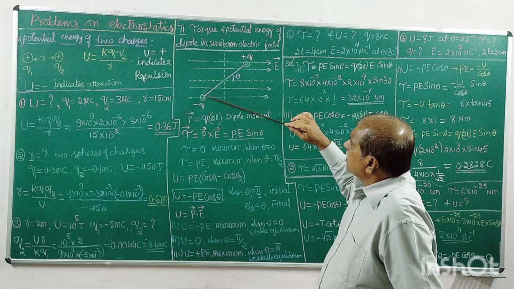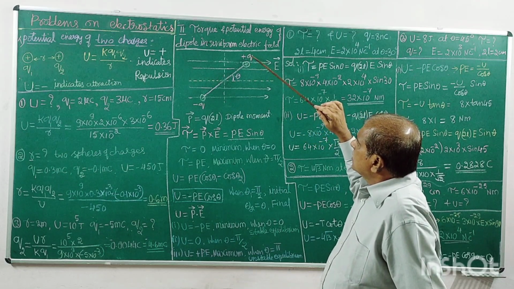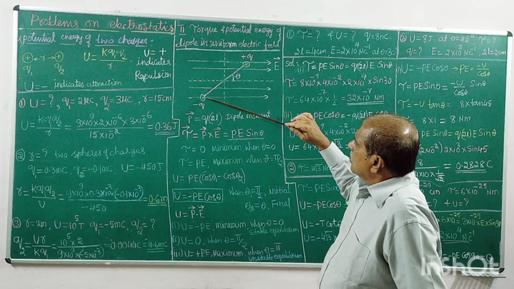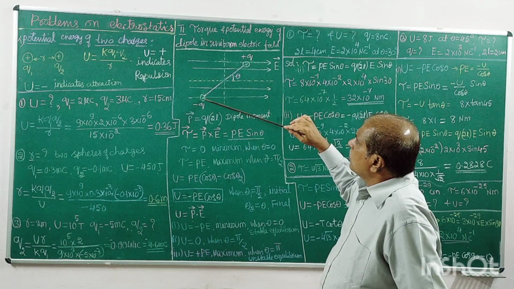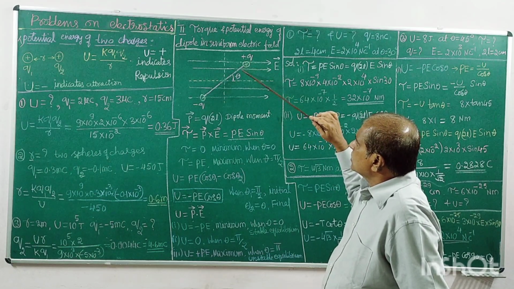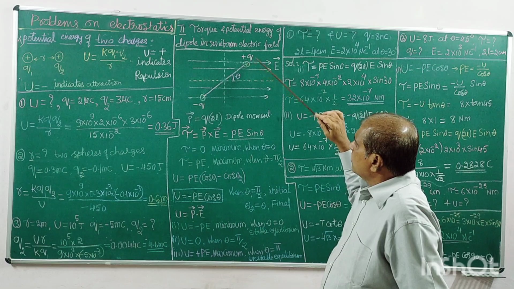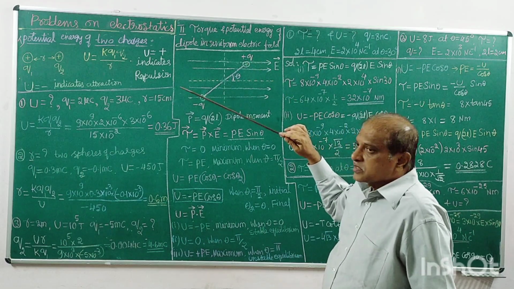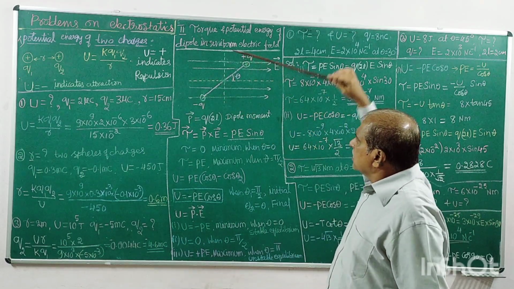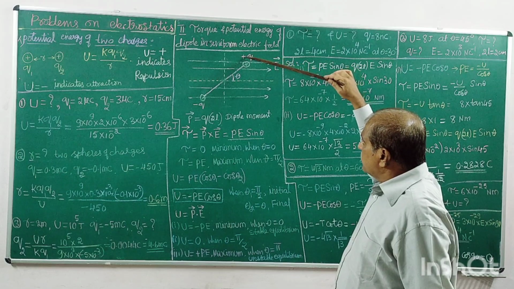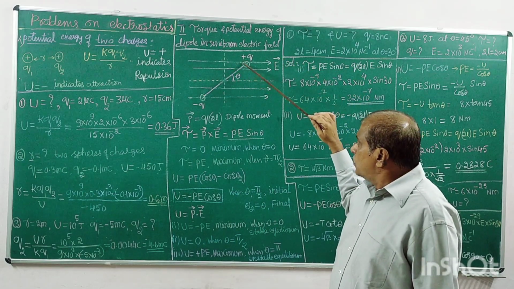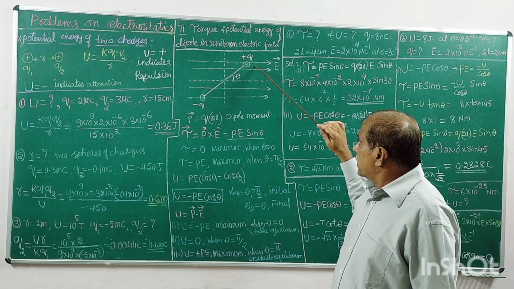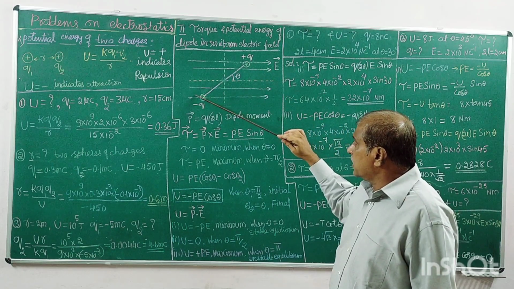Due to the same electric field and the charge they carry, they exert a force. Equal forces of equal magnitude, but the directions are opposite. It is because one is carrying positive charge, the other negative charge. So positive charge means this is the direction, negative charge means this is the direction.